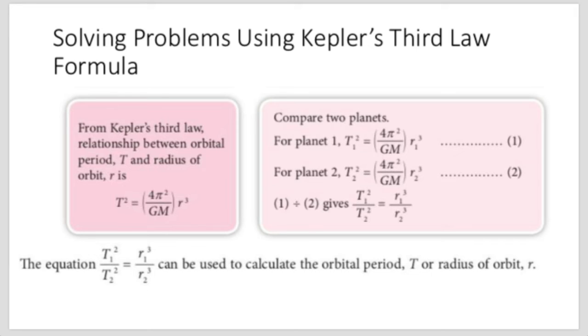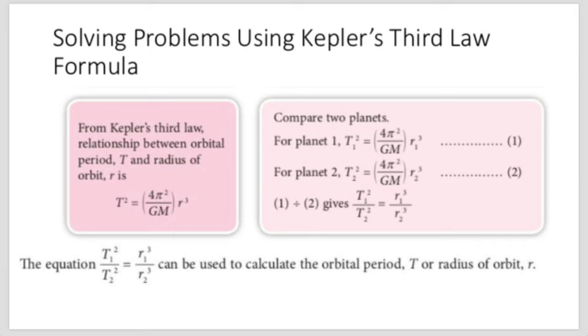I didn't have time to type it out, so I just screenshotted your textbooks and put it up there. From Kepler's third law, we just talked about this. So Kepler's law is the relationship T square equals (4 pi square over GM) R cube.